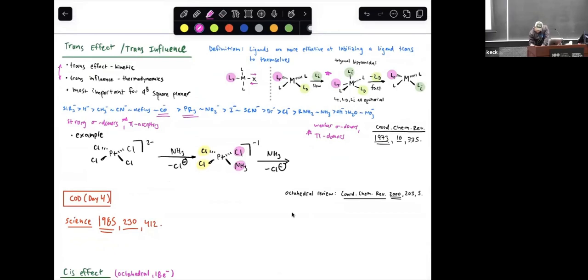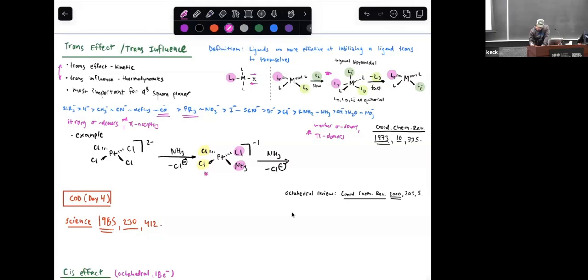So let's go to our chart. We see both of these are pretty weak on the trans-influencing continuum, but amines are even weaker than chlorides. So that says chloride is going to win out in this battle.